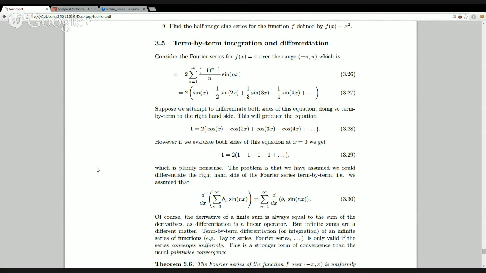So next week I'll give you a little introduction to the Fourier transform, which is a continuous analog of the Fourier series that we're seeing here. And that is one of the main tools used in signal processing.